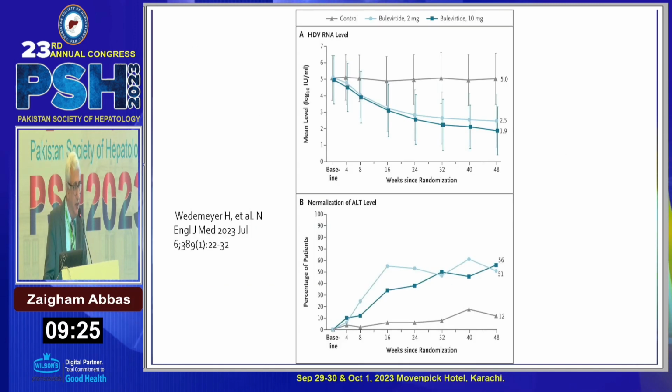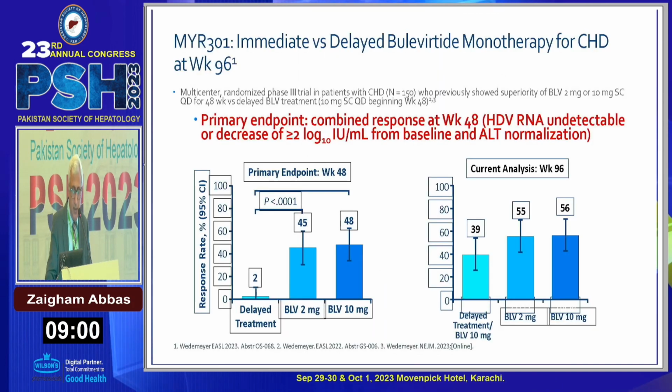We can see the results for this study, and these are the 48 week results that were recently published in the New England Journal of Medicine. The patients who received 2 milligram or 10 milligram responded equally to the treatment as far as the HDV RNA decline and normalization of ALT are concerned.